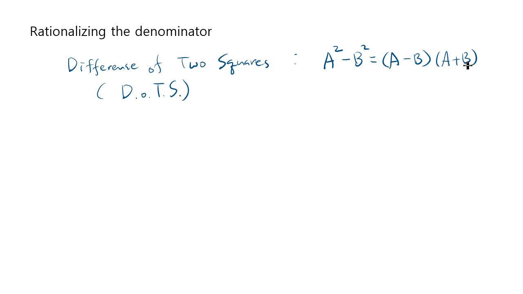It's a product of the difference and the sum. And this is exactly what we want if we were to divide 3 by 2 minus square root of 2. Since if you think of a as 2 and b as square root of 2, then this formula inspires us to multiply a plus b. So what you want to multiply is 2 plus radical 2 top and bottom.